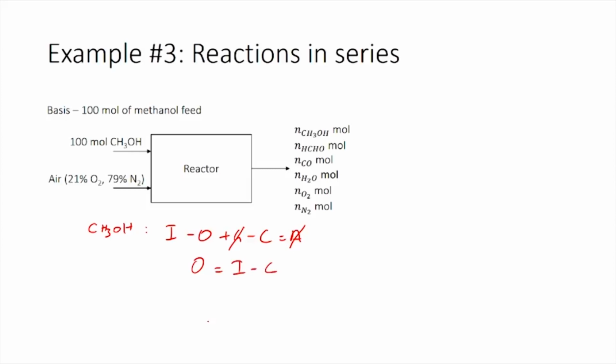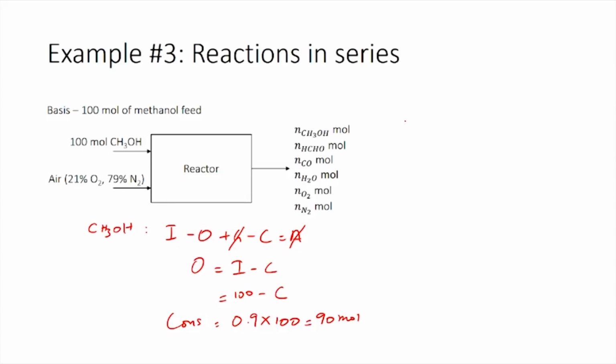Based on the basis we used, we know that the input of methanol is 100 moles, we now need to know the consumption of methanol. We have been told that the conversion of methanol is 90%. So, using that the consumption can be calculated as 0.9, which is the conversion, times 100, giving you the total consumption as 90 moles.